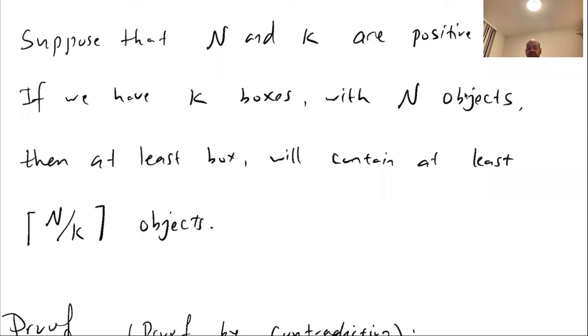It does not specify which box. Remember, we have k boxes. It tells us that at least one of those k boxes has a certain number of objects.